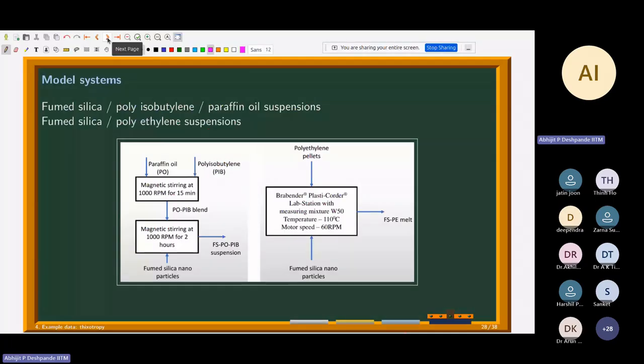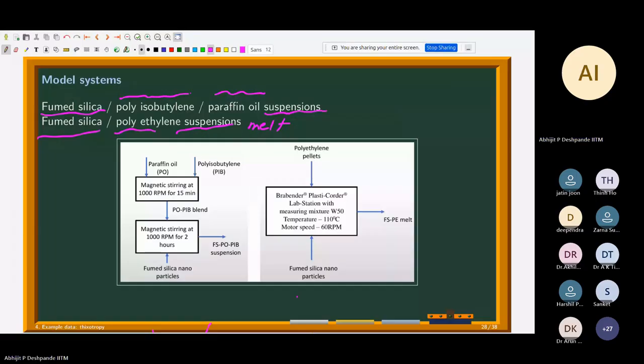The other systems that we have worked on quite a bit are suspension systems. These are basically fumed silica particles in two different media. In one case, they are in polyethylene melt. In the other case, paraffin oil is the solvent, or low viscosity medium, and a small amount of polymer is added, which can help in bridging the particles and also increasing the viscosity.